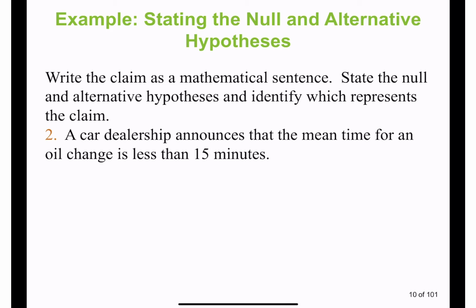But let's see, it's less than, is there an equal sign in this statement? No, there is no equal sign, which means if it would say at least, then an equal sign would be present, right? But less than 15 minutes, that means this given is alternative one, not null, because null hypothesis always carries equal sign, correct?